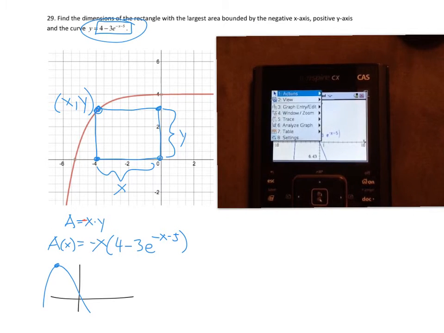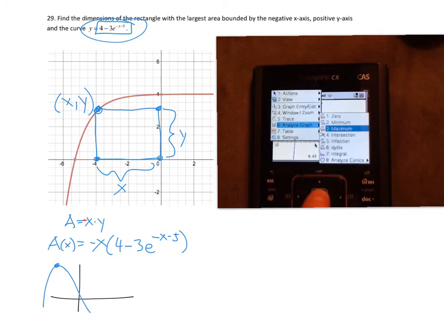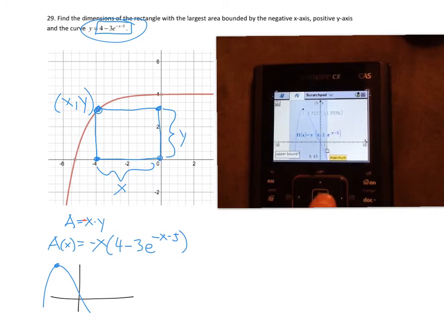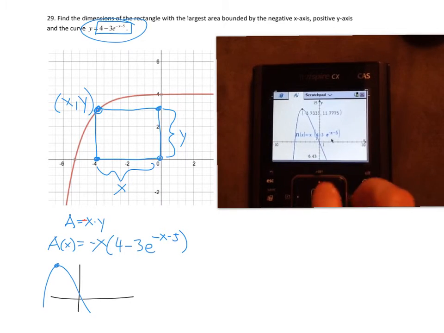So we go menu, analyze graph, maximum. We move to the left of the maximum point, click, move to the right of the maximum point, click, and you get the maximum point.